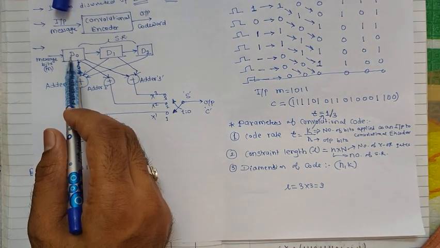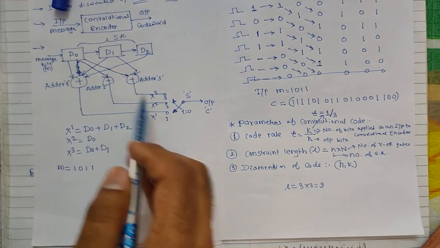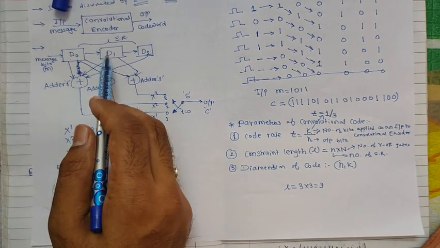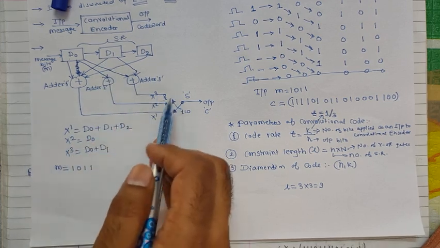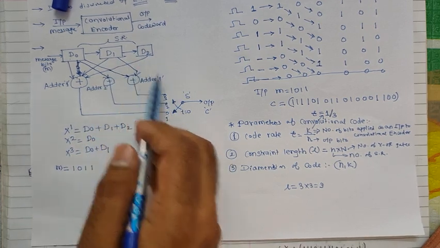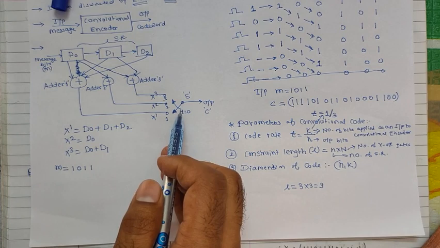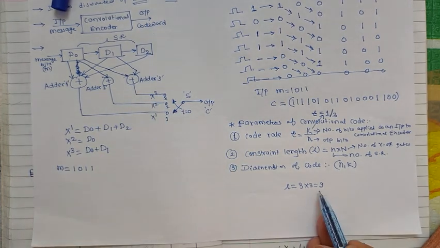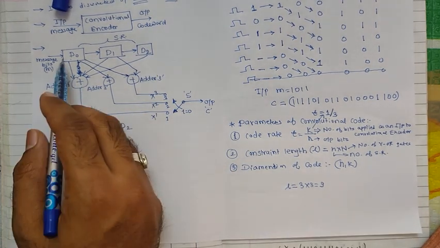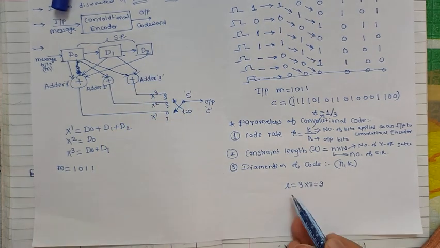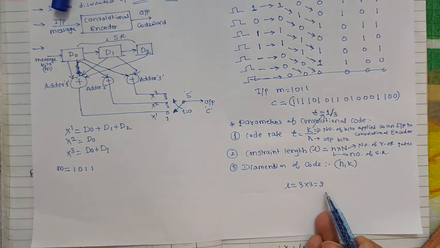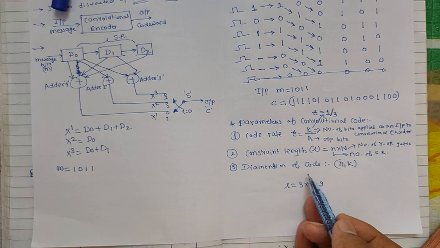So when the input bit is here we are getting 3 bits output, when it is reaching here we are getting 3 more bits, and when it is reached here we are getting 3 more bits. So 3 plus 3 plus 3, total 9 bits are affected by the single input bit. So that's why the constraint length L is equal to 9.